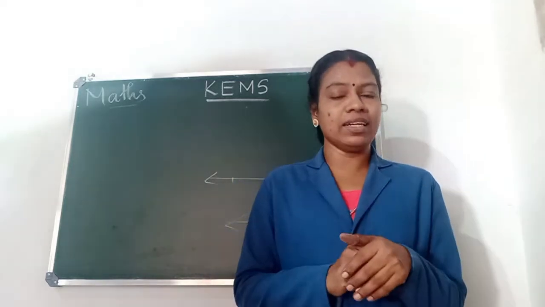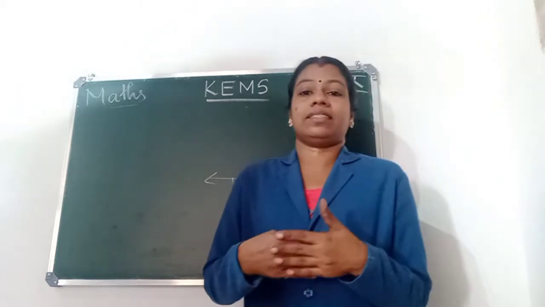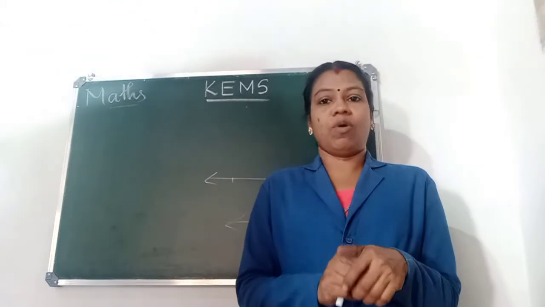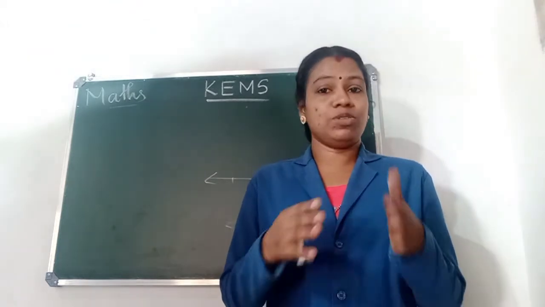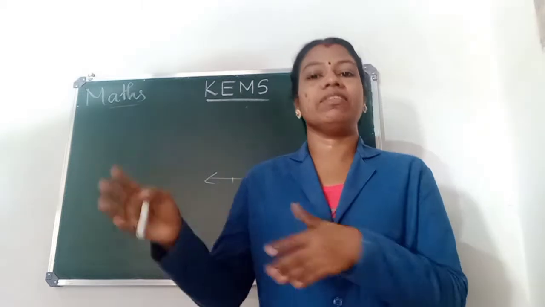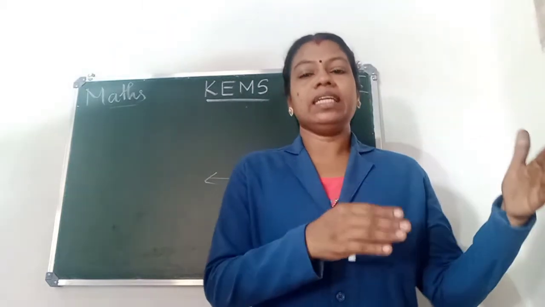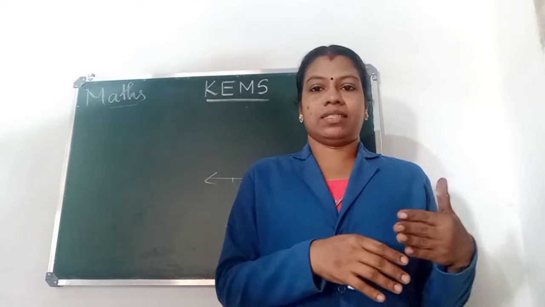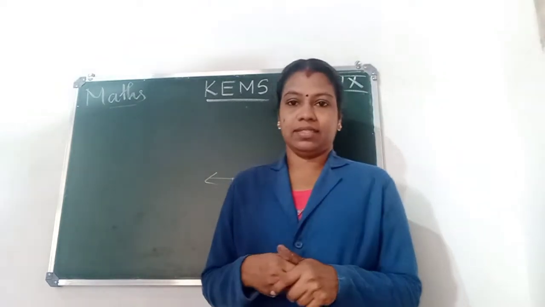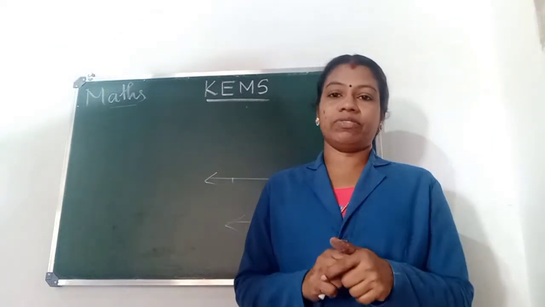How to form an angle? When two lines intersect at a common point, then there will be an angle formed. Then the two rays are called the arms of the angle, and the common point is called the vertex of the angle.